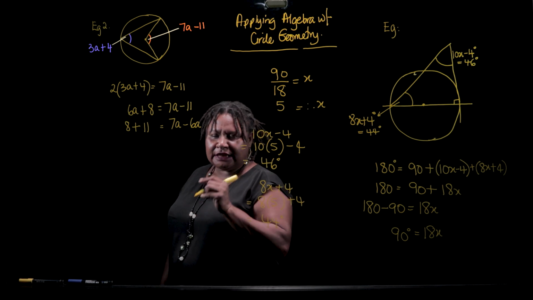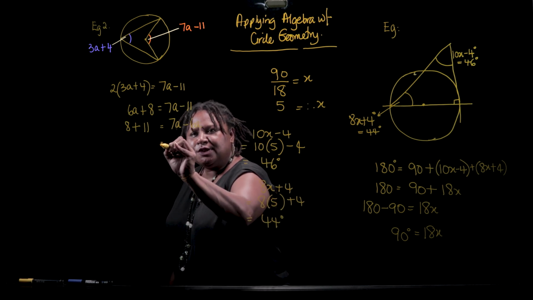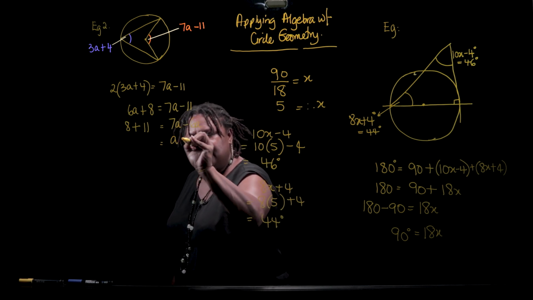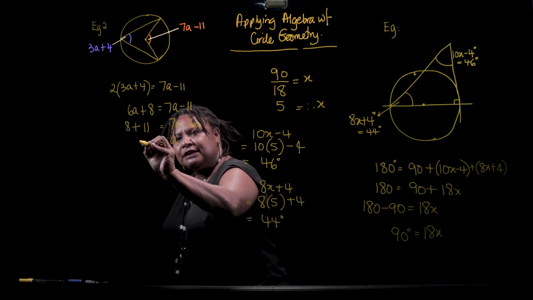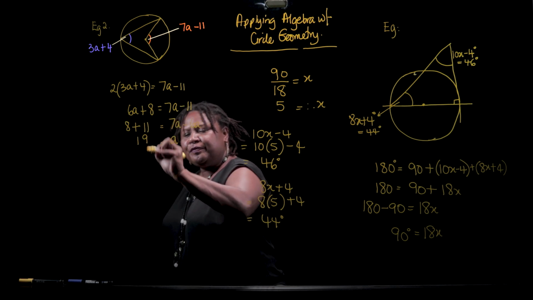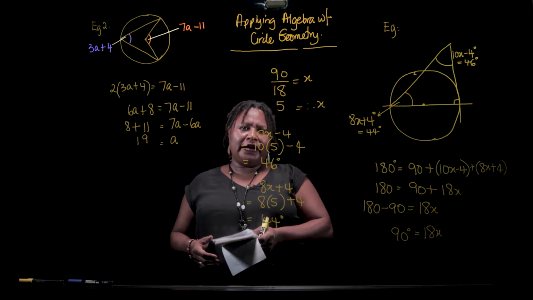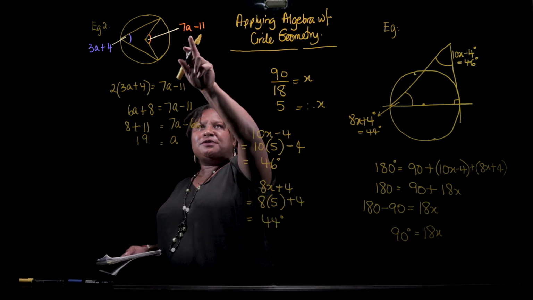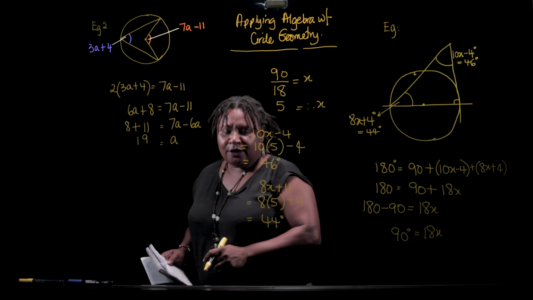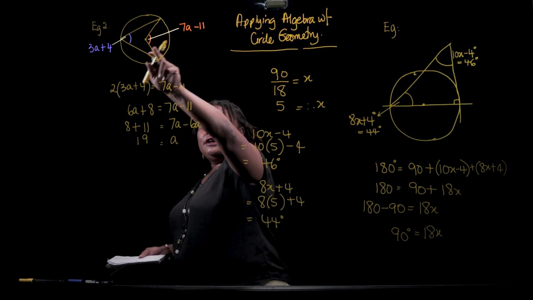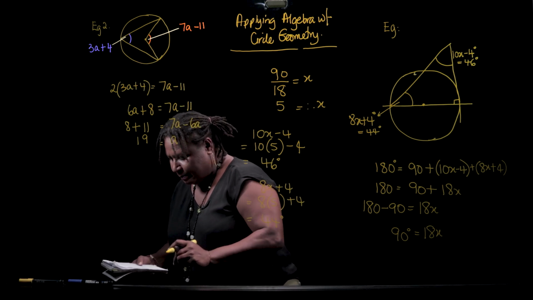That's the easiest way to do this. So 7a minus 6a will leave us with a, and 8 plus 11 is 19. Again, 19 is not the value of the angle. We need to substitute 19 so that we find the angle at the circumference and at the center.